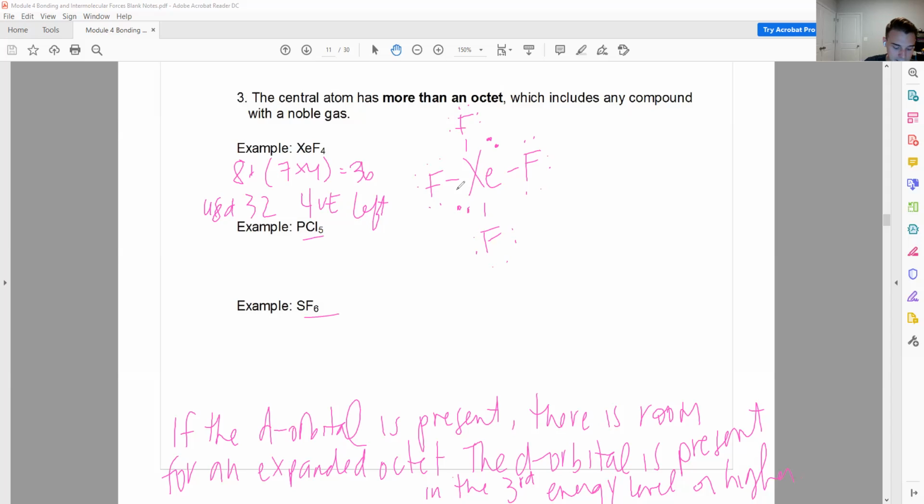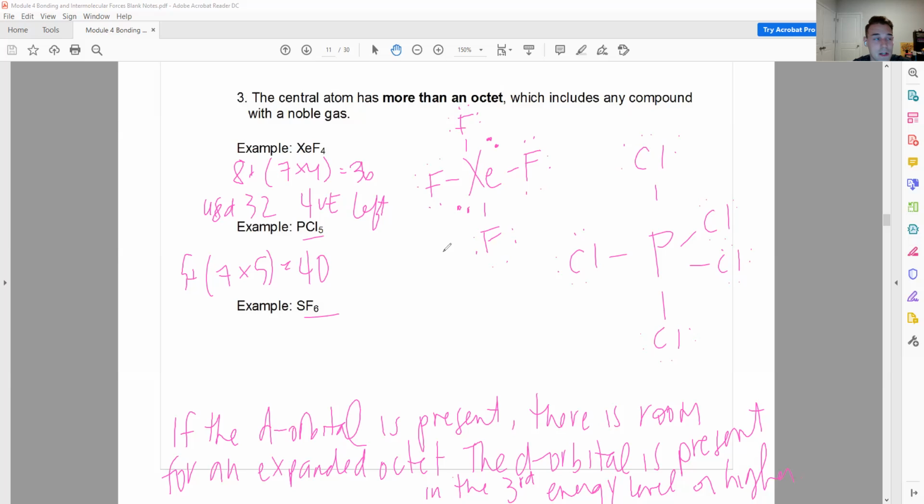Clearly, it's going to break the octet rule. 5 plus 7 times 5 gives me 40 for PCl5. Again, phosphorus is in the center. I know the shape of this molecule, so that's why I drew the lines where I did. And again, make your dots look like dots. It's just really hard with this pen. So 8, 16, 24, 32, 40. Everyone's happy.